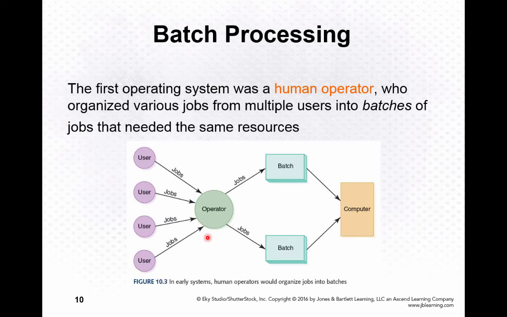The term, I just want to interrupt a little bit. So the term batch processing referred to taking these jobs and putting them into the batches, but that terminology has kind of changed. So nowadays, batch processing just means anything where you specify a sequence of operations that can be done without a human needing to interact with them.